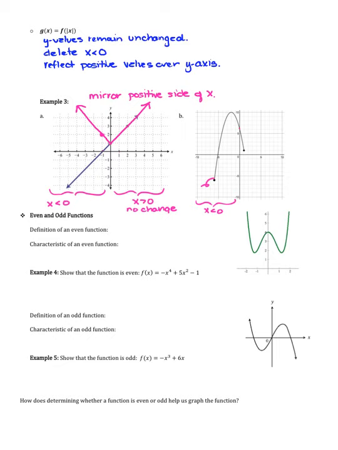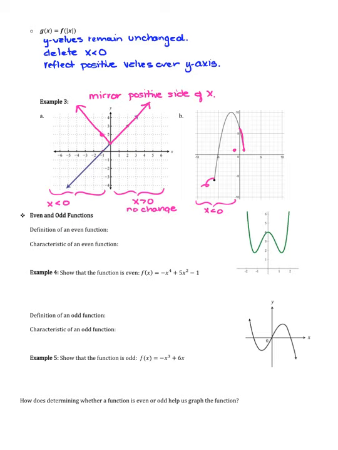So we keep whatever's on the positive side. Now, if I want to plug in -1, it's going to mirror whatever f of 1 was, because you're making that x value positive. What if I wanted to plug in a -6? That would represent f of 6. Well, there is no f of 6.